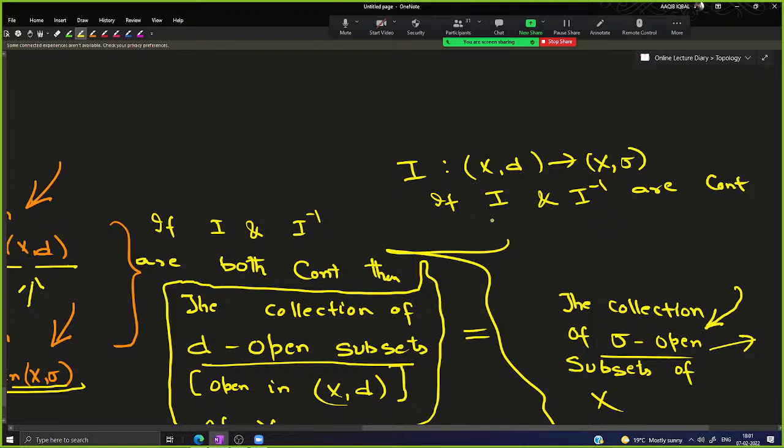ठीक. अब इससे पहले मैंने आपको दिखाया कि identity mapping is a bijection. अब अगर ये भी हो रहा है इसमें I and I inverse are continuous, तो इसका मतलब क्या है फिर? It will be a homeomorphism.